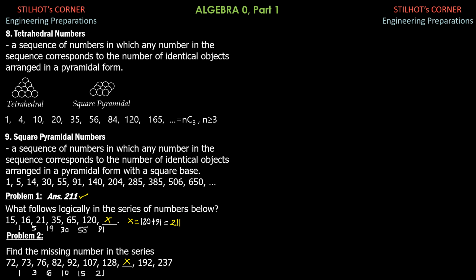Notice that these are triangular numbers. Since the next triangular number is 28, then this is 36 for checking purposes, and next is 45. So notice that 192 plus 45 is 237. That's why the series is correct.